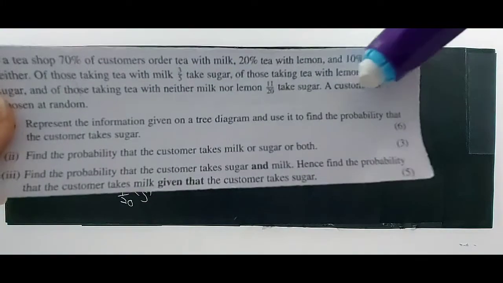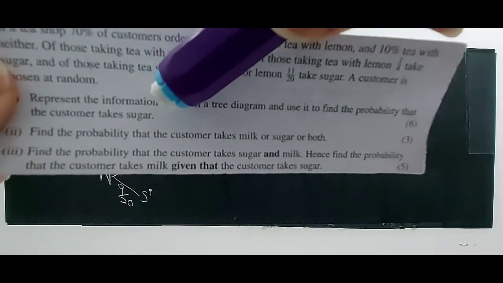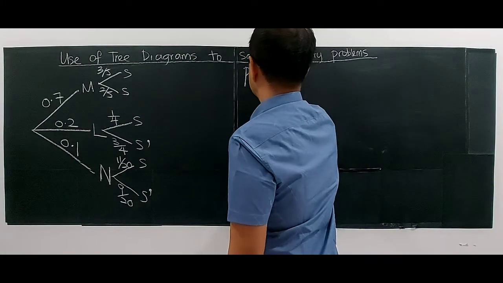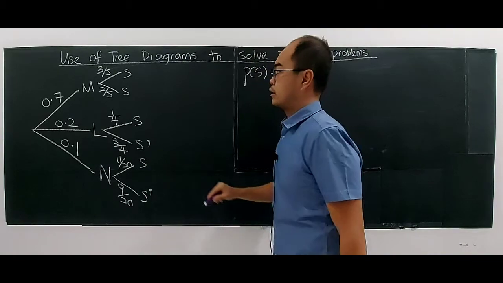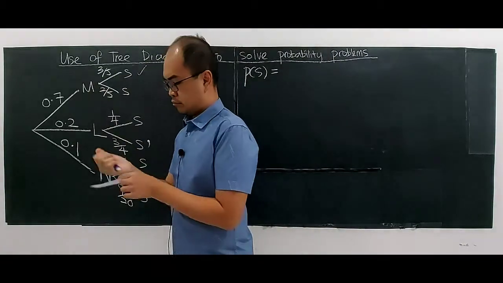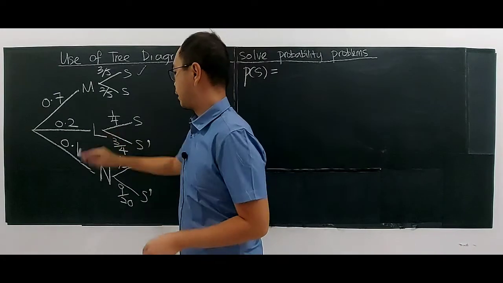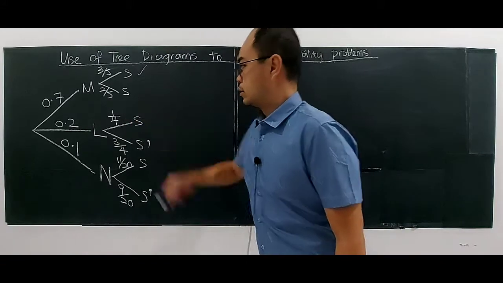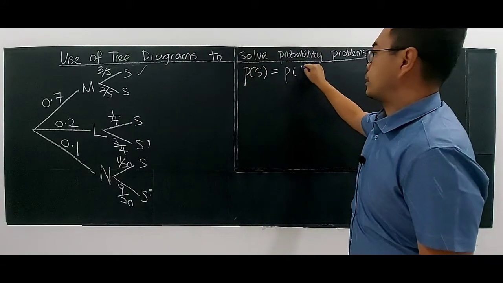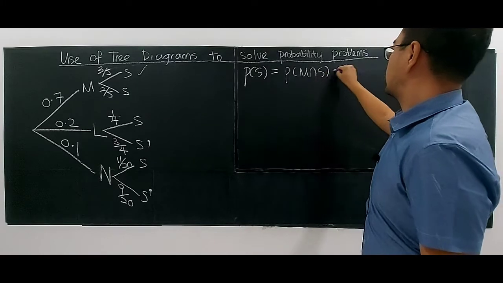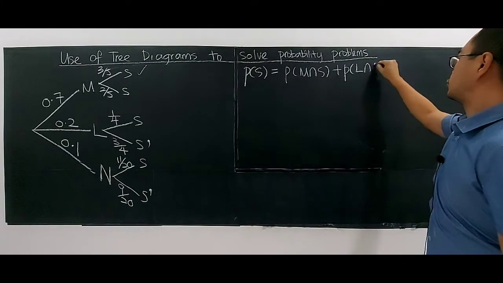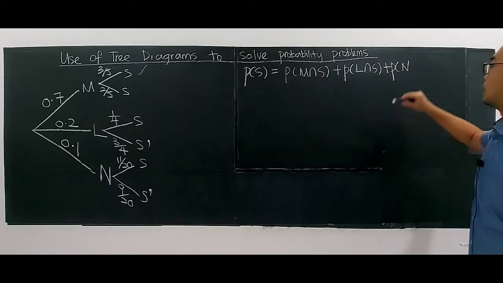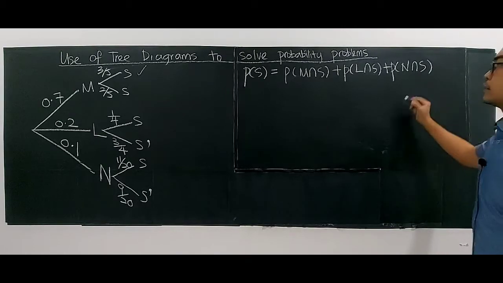The probability of the customer taking sugar comes from three parts: sugar with milk, sugar with lemon, and sugar with neither milk nor lemon, a plain tea with sugar.